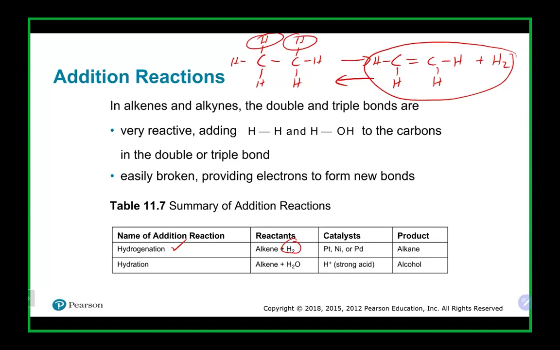You could also add water, which is known as a hydration reaction. And we'll talk about that in just a second. You will actually get an alcohol versus an alkane in this case. So let's take a look at a hydrogenation reaction. Let's just have something like this, perhaps. We'll do that.